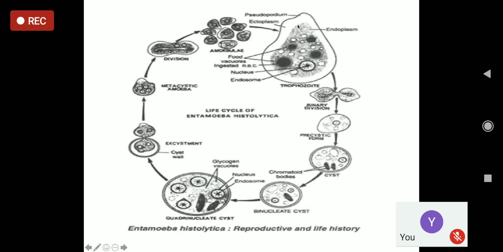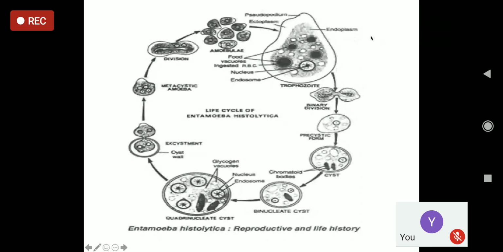That's why the name histolytica has been given. These histolysins are proteolytic enzymes that lyse the mucosal layer and then the submucosal layer. So now the mucosal and submucosal layers of our intestinal wall get destroyed due to the invasion of these trophozoites, that elicits inflammatory reactions here.